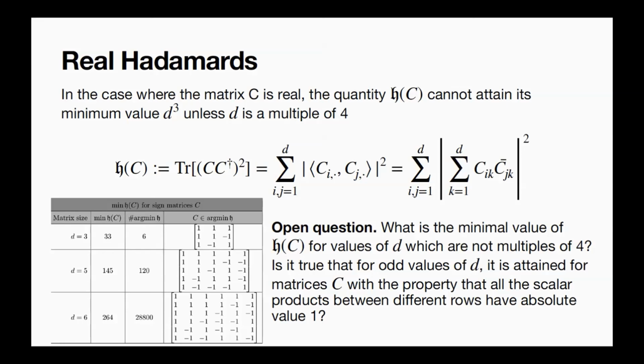So you can always find one which minimizes and has this property. And we are wondering whether the minimum of H over all sign matrices is known, and whether we can say anything about minimizers of this H, in particular whether you can always find a minimizer which has scalar product equal to 1 between rows.